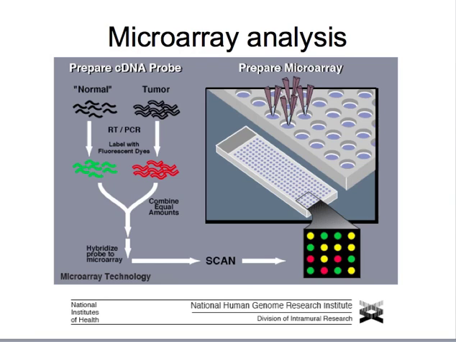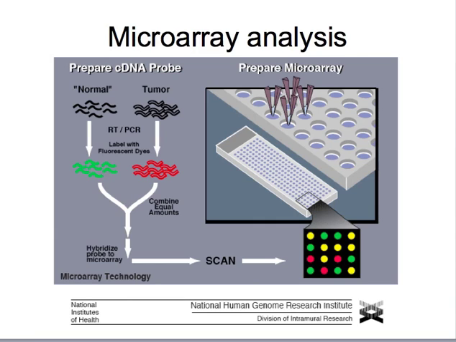You take the two samples now that have been copied back into DNA, and you mix them together in equal ratios as much as possible. Then you incubate that with a microarray. So on the right hand side of the figure, that shows you the microarray that is set up with a robot. And so it takes samples of bacteria or samples of DNA from a plate, it transfers it to some sort of solid support.